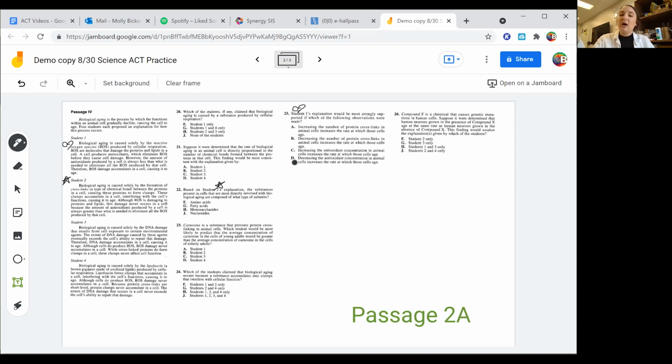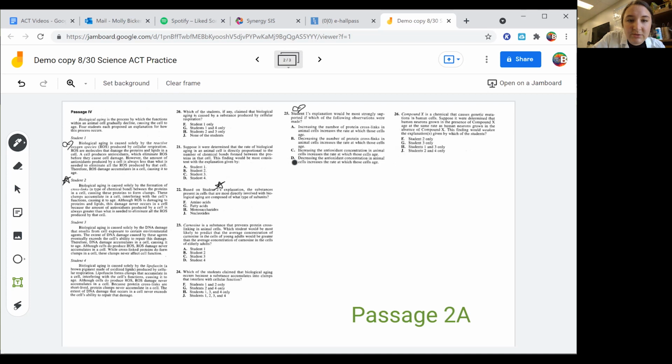So, because so many of these are comparison questions, we then have to look at the student groupings. If you look at number 20, student 1 is mentioned in 2 answers.